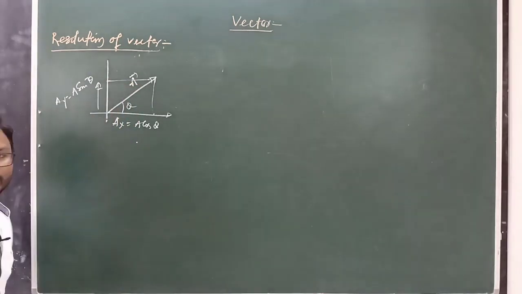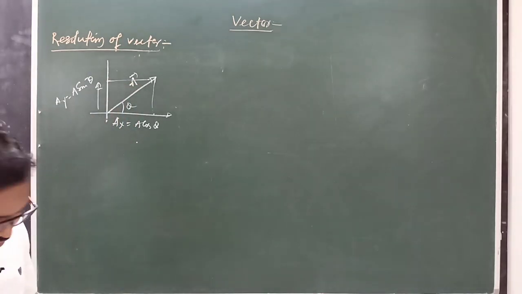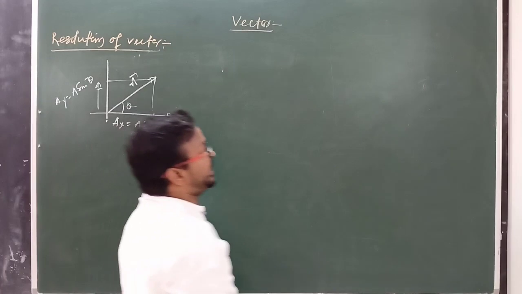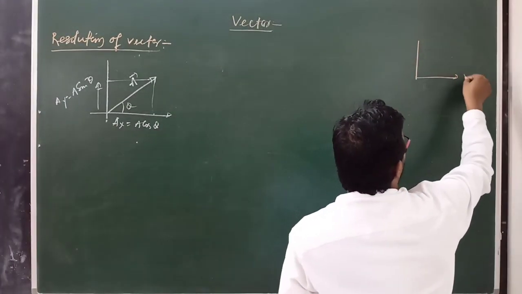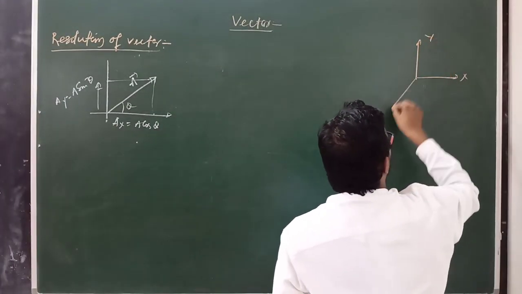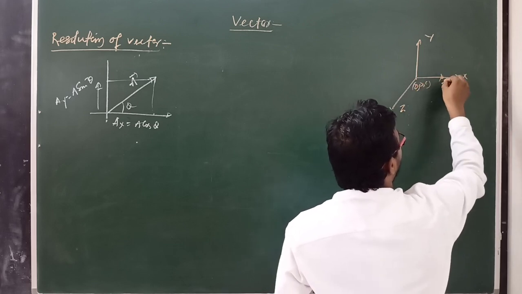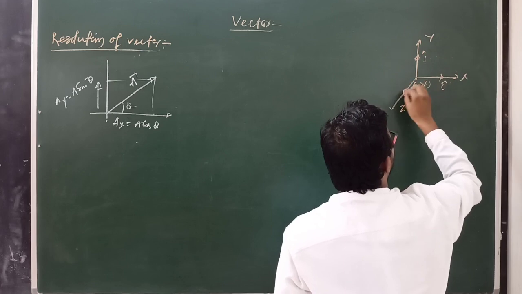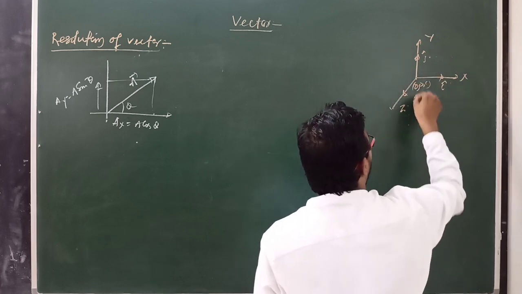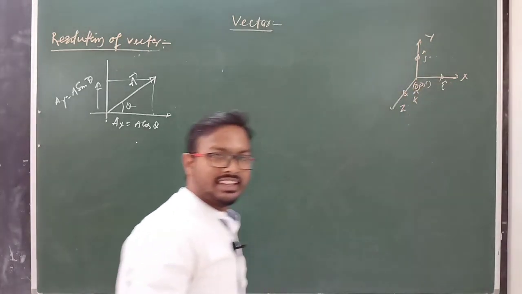This is the resultant vector. But we already know how to define a unit vector along x, y, and this is the z axis, there is origin 0, 0, 0, and along the x axis we take i cap, along y axis j cap, and along z axis k cap.